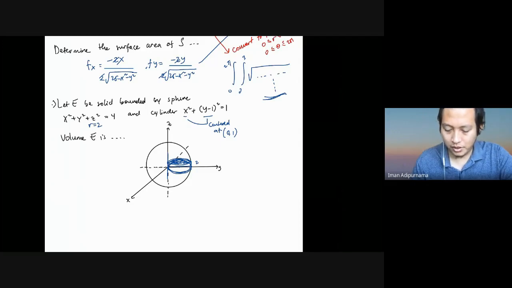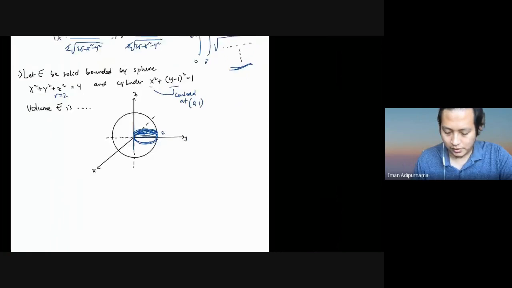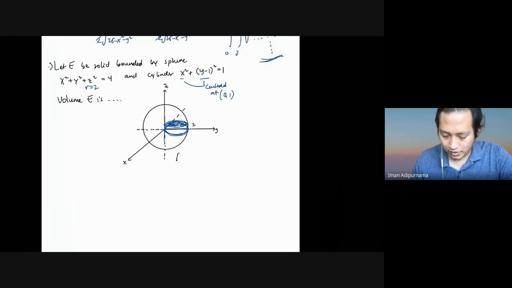Now the volume E. If we look at, okay, first maybe we can set up the region first. So the region for xy is based on this, right?